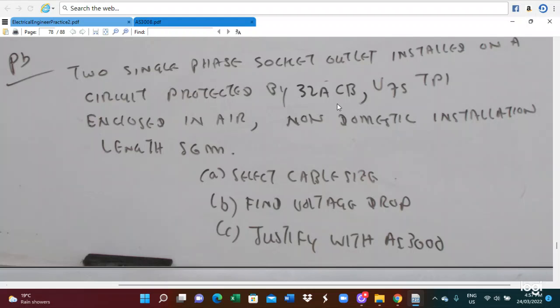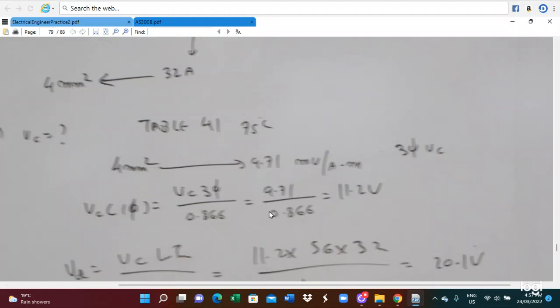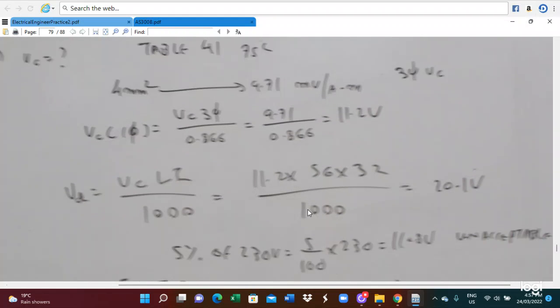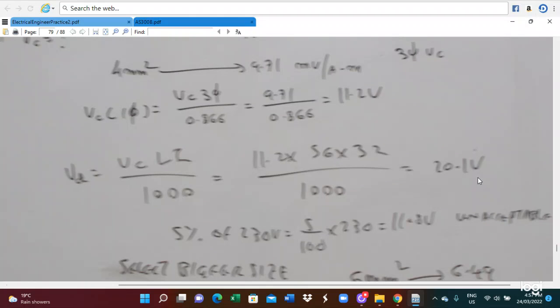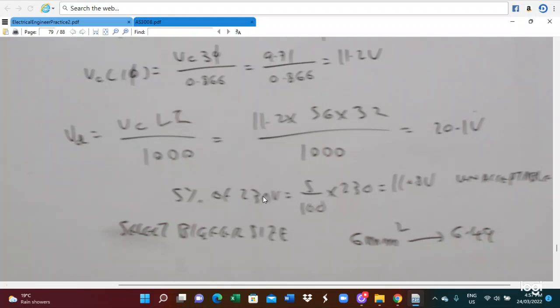The current is 32. So 56 times 32 times 11.2 divided by 1000 gives 20.1. The 5% of 230 volt is 11.5. So the 20.1 answer is not acceptable because it is greater than the 5% of supply voltage.